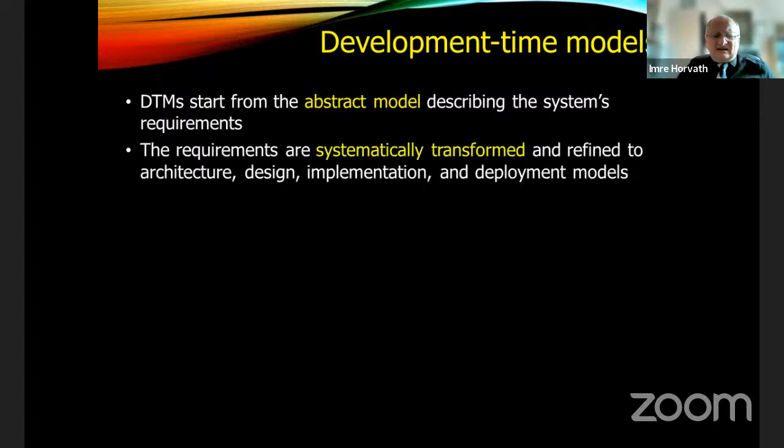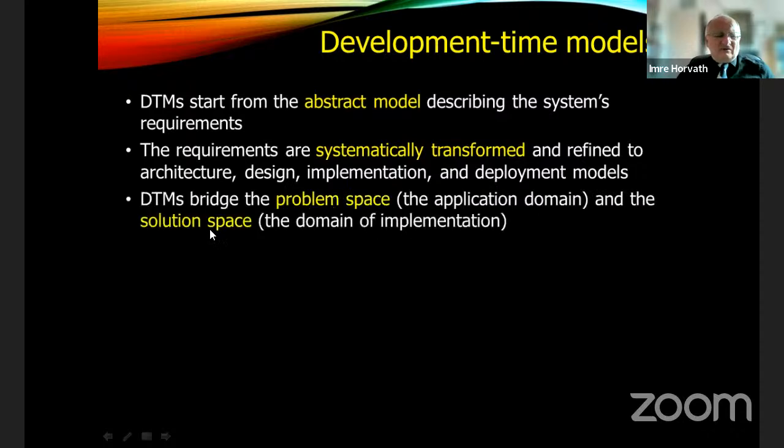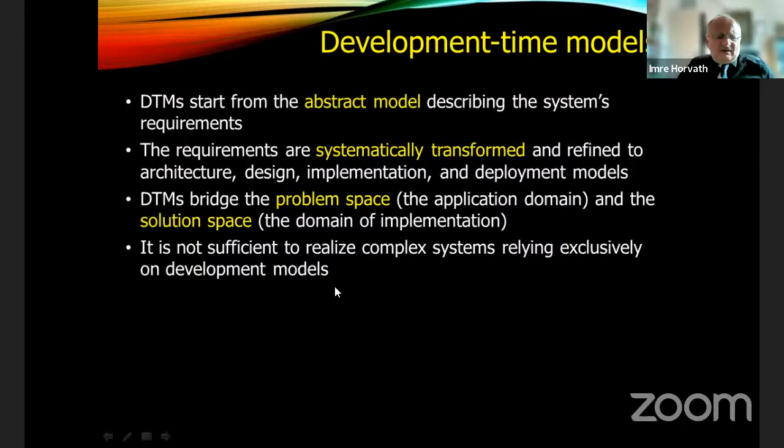The requirements are systematically transformed and refined through architecture, design, implementation, and deployment models. The development time models bridge the problem space, the application domain and the expectations of the application domain, and the solution space, the domain of implementation, the third space actually, where the designer can move up and down.